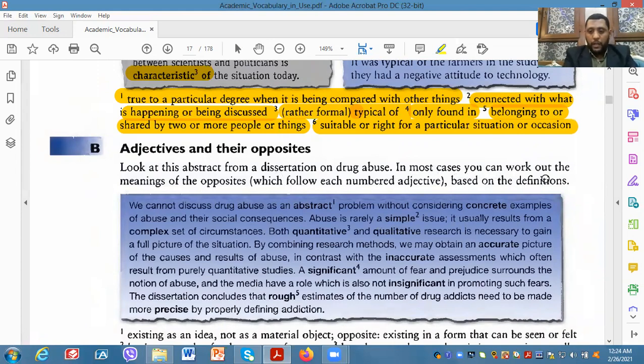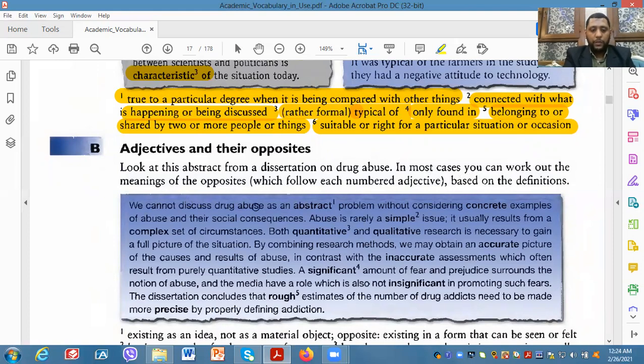In most cases, you can work out the meanings of the opposite, which follow each numbered adjective based on the definition. Okay, so we have a dissertation, and it talks about drug abuse, and they tell us that in most cases we can work out the meaning of the opposite adjectives.